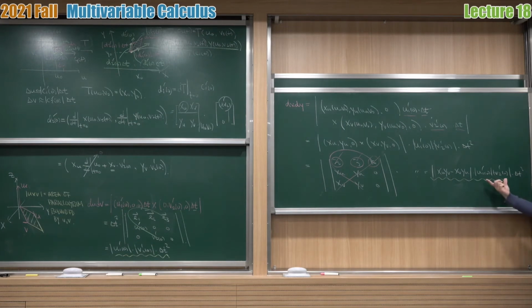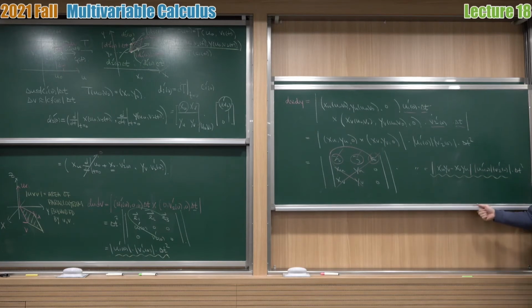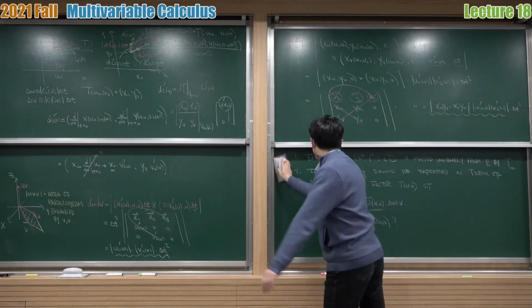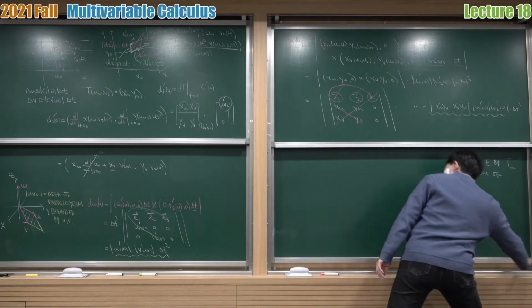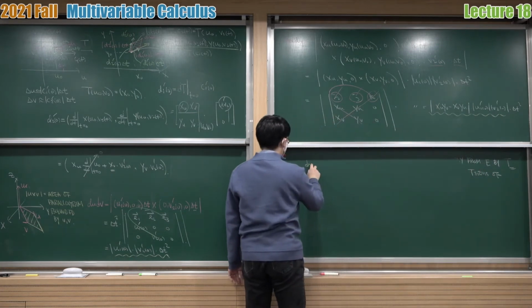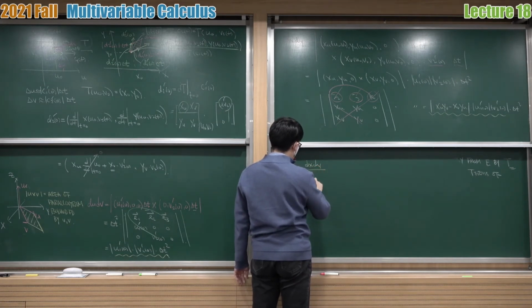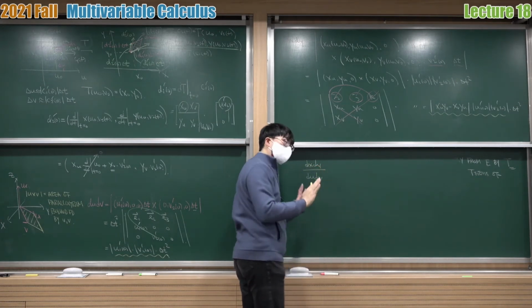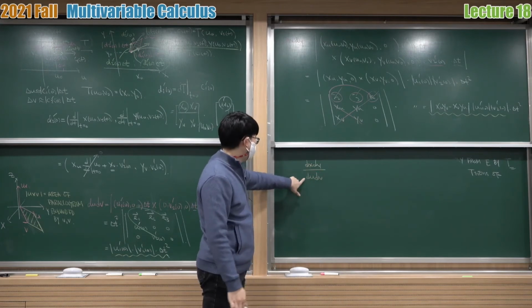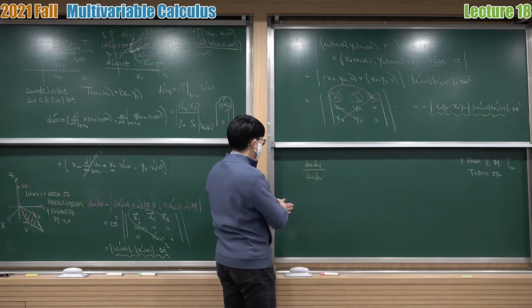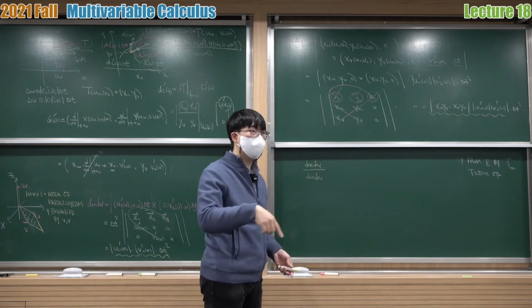So we have a common factor, right? u1 prime, v2 prime, and delta t squared are common. So dx dy divided by du dv. I'm not saying that symbolically you can take the ratio between dx and du or dy and dv. I'm taking this whole thing, dx dy and du dv, as one symbol, okay?